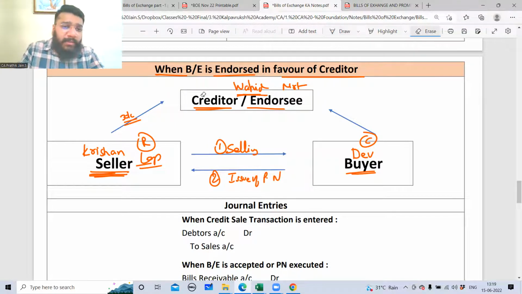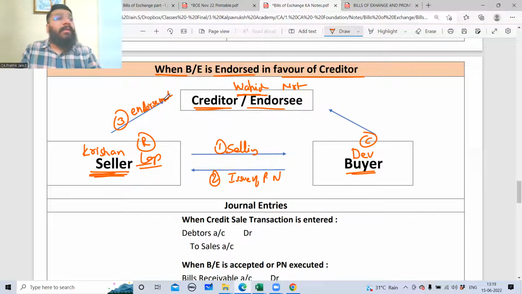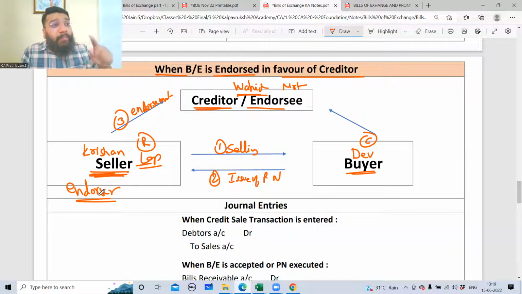Then third transaction is seller is transferring this to the creditor. So this is the endorsement. Guys, in case of endorsement, always remember the person who is transferring the bill is called as endorser. And the person to whom the bill has been endorsed or transferred is called as an endorsee.